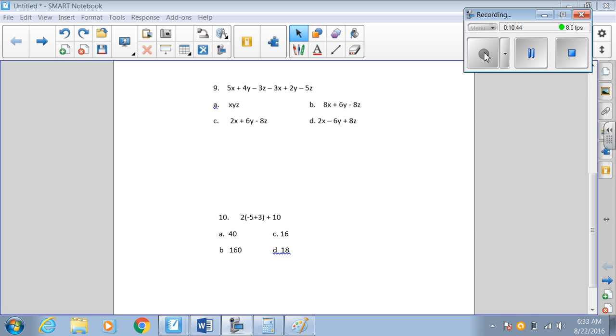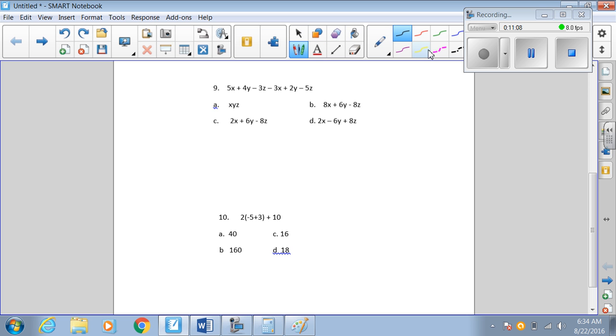Alright, we're at number 9 now. Number 9 says 5x plus 4y minus 3z minus 3x plus 2y minus 5z. Remember, we have to group everything together that's common. Let's work with our x's first, shall we?